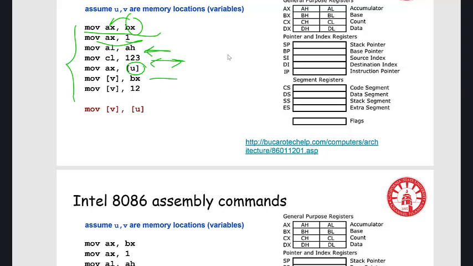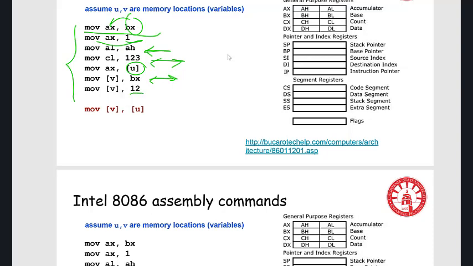And then here we have a kind of reverse operation, where we move the content of register BX into the location pointed to by the variable.